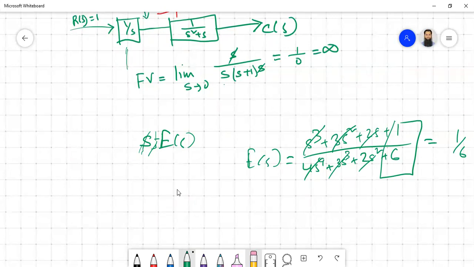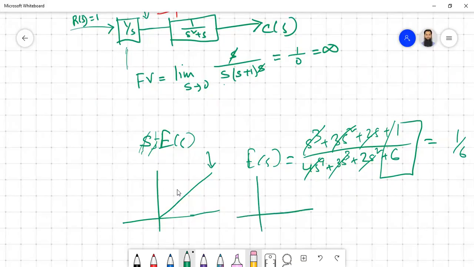Now, in most cases, we are not interested in the final value. Final value doesn't make much difference. We are actually interested in how much we are able to track the input, how much the input is being tracked by the output. This is a more important topic than the final value, because say for a ramp input, the final value is infinite, so it doesn't give us much information.